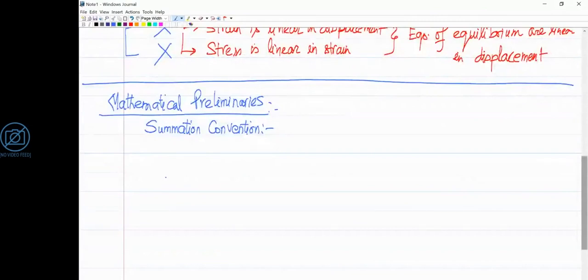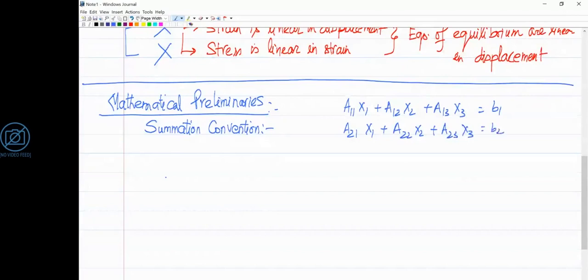So suppose the simplest example that we can start with is the matrix equation. You all must be aware of this equation: a11x1 plus a12x2 plus a13x3 is equal to b1. Then let's say a21x1 plus a22x2 plus a23x3 is equal to b2.